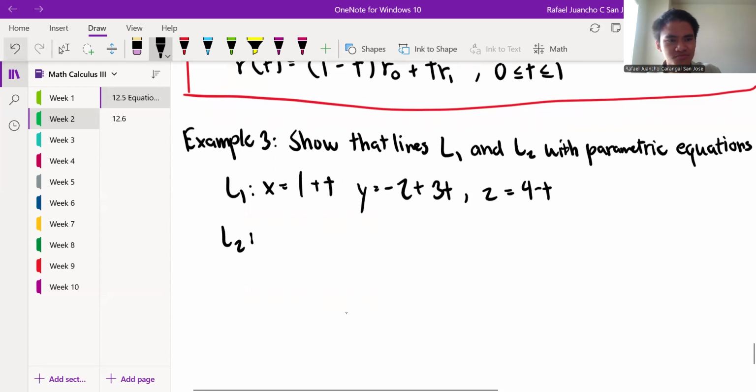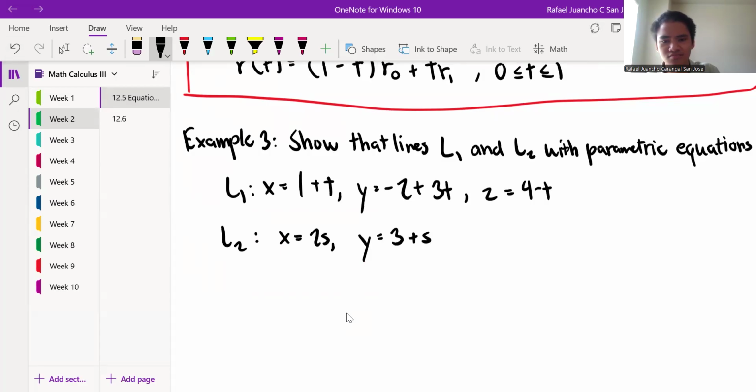Let's look at L2. What's my L2? x is 2s. What's my y? 3 plus s. What's my z? -3 plus 4s.